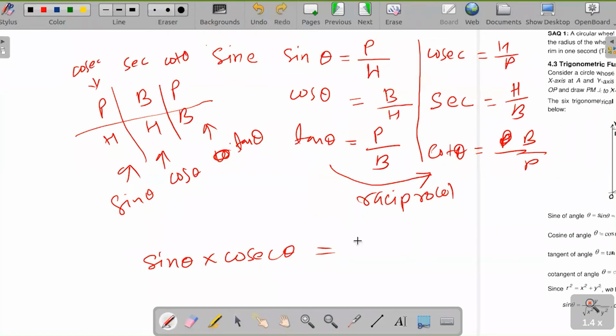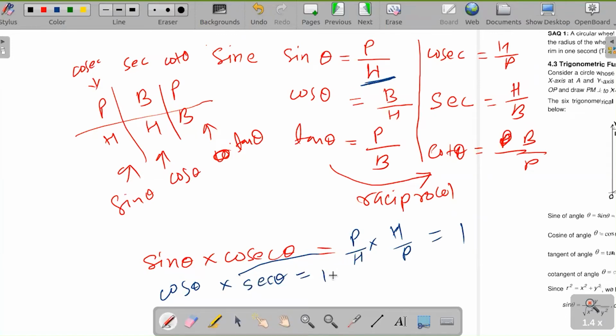Because sine is p by h and cosec is h by p. If you write p by h and h by p, it cancels out and you get 1. Then if I say cos into sec, again 1. And then tan into cot, again 1.